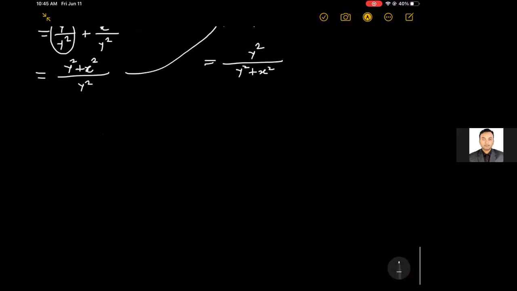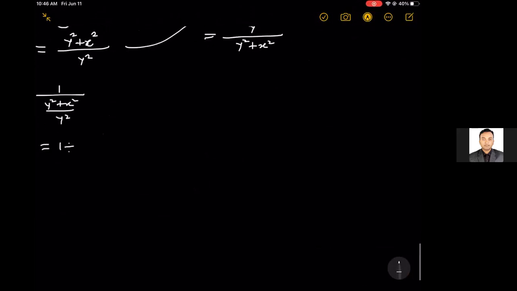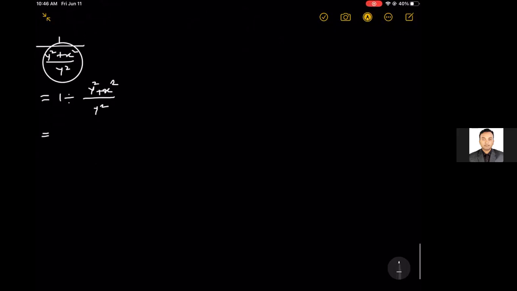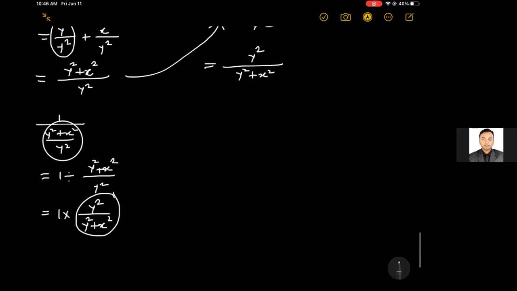And again, if you're wondering how I did that, this was 1 over y squared plus x squared over y squared, which is literally dividing this. 1 was divided by this particular function, so I can rewrite it as 1 over this. You can always flip this one when you change the sign. And this is what we have here.